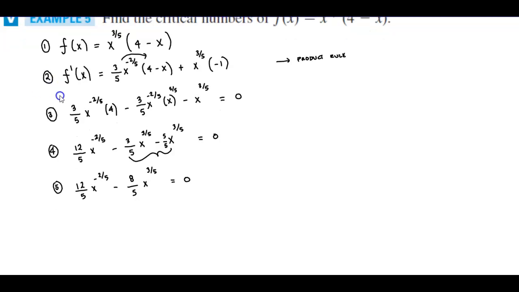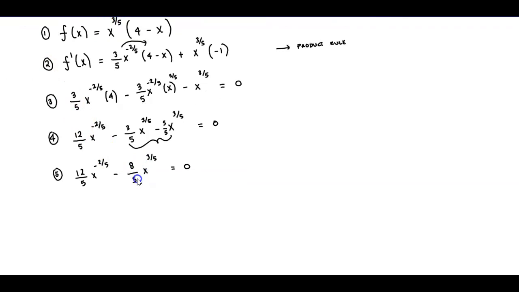Okay, so now what we can do is we can factor out an x to the 3/5. Okay, so because we know that if we take negative 2/5, and if we took negative 3/5 and then subtract that, then we would get 5 over 5, which is equal to 1.